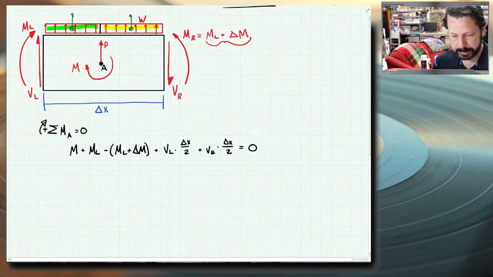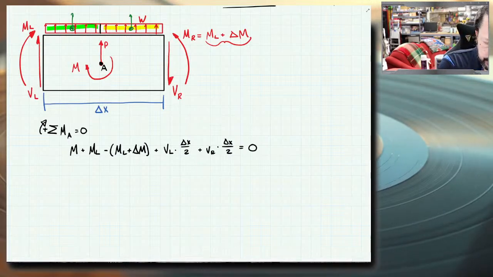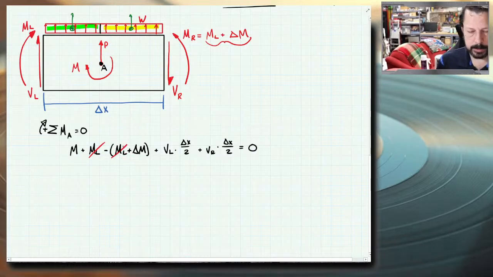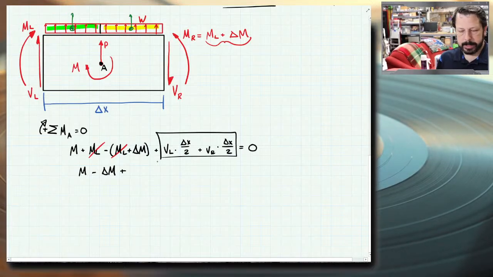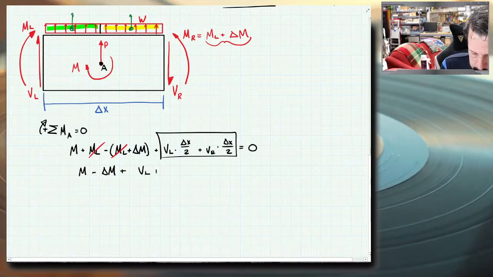All right, so let's simplify this sum. First of all, I've got those that just go away, so that's easy. I've got M minus delta M plus, and then this guy I'm going to write in a way like this. So I've got this delta x over 2 that's common with both of them. And I could think of it as VL plus VR times delta x over 2 equals 0.